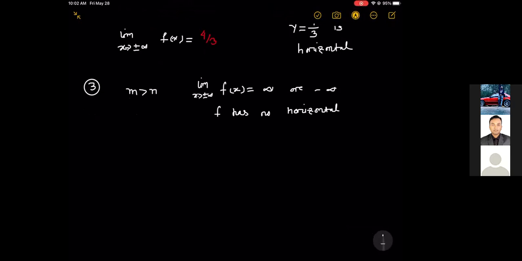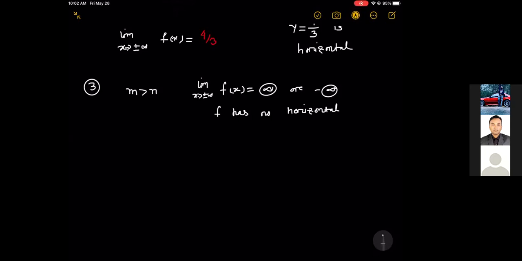Now you might be wondering, why do you have positive or negative infinity? It will again depend on the function itself. You will see some functions will tend to positive infinity, and some will tend to negative.